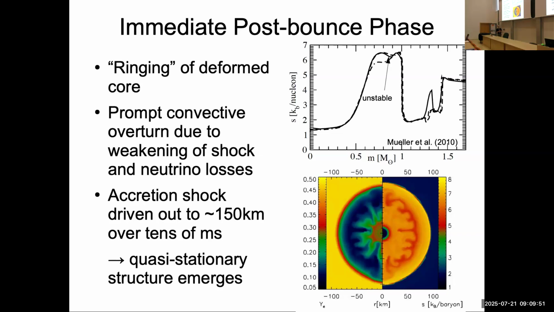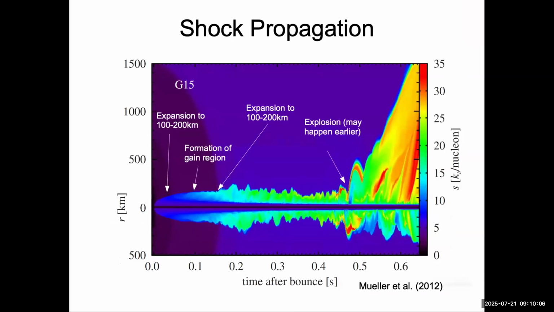What matters for us is that you get this phase of prompt convective overturn that mixes the material behind the shock, and very soon, within milliseconds, tens of milliseconds, it becomes stable, and you eventually develop something of a quasi-stationary situation. The shock will still travel outwards quasi-statically.